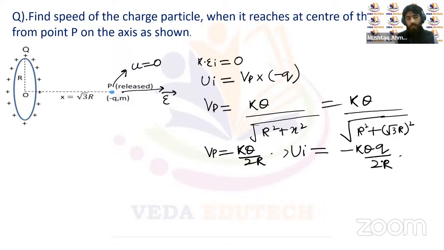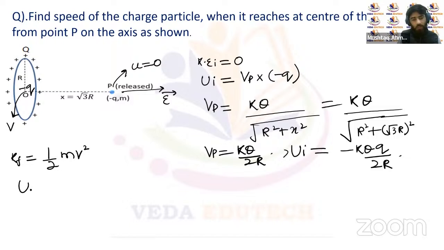Now, once this charge reaches this center O, it will be having some final kinetic energy. It will be having some final speed. Let's suppose that the final speed of this minus q charge when it reaches this point O is v. So the final kinetic energy will be equal to half mv square, right?